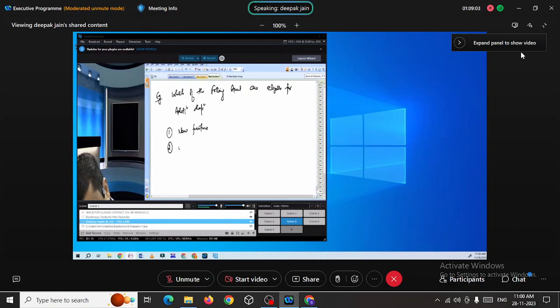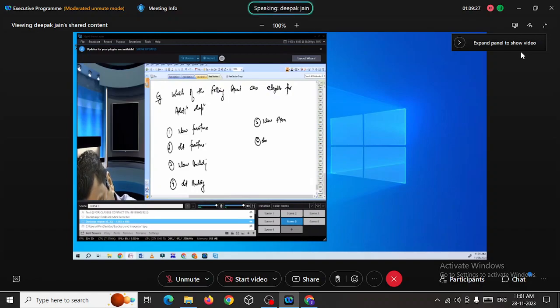Number two, old furniture. Number third, new building. Fourth, old building. Fifth, new plant and machinery.